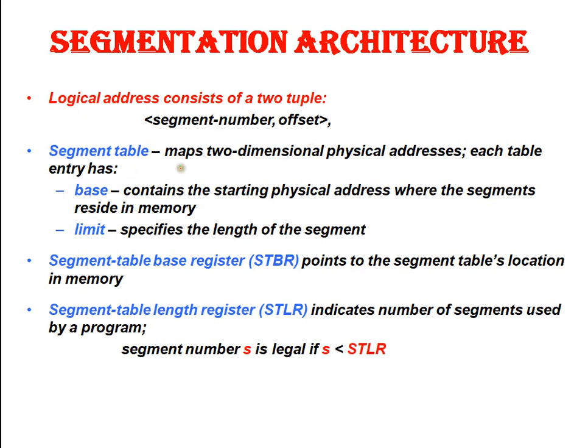The segment table maps the two-dimensional logical address to a physical address. Each table entry has a base value and a limit value. The base contains the starting physical address where the segment resides in memory, and the limit specifies the length of that segment.